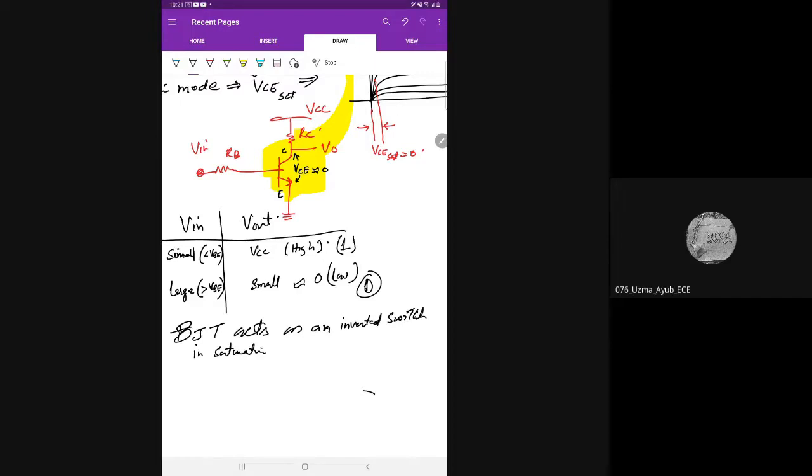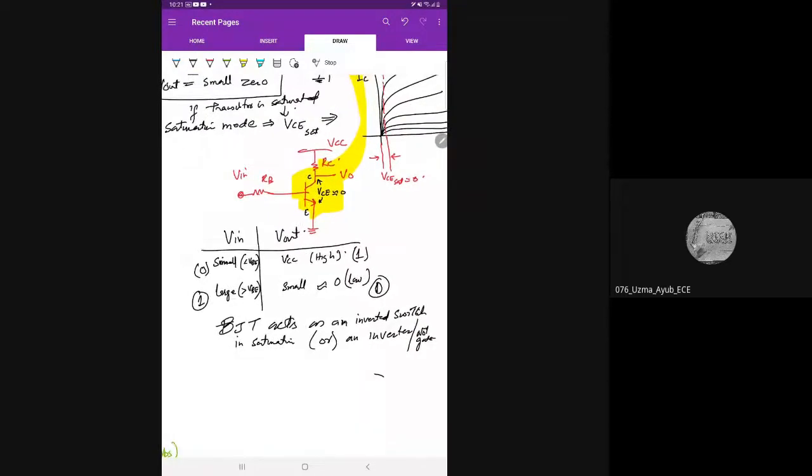Saturation में it acts as an inverted switch or an inverter, or NOT gate. तो क्योंकि हम इसको इनपुट में जब स्मॉल वोल्टेज देते हैं, लो वोल्टेज देते हैं, तो आपको आउटपुट में हाई मिलता है. अब इनपुट में हाई दे दो तो आउटपुट में लो दे देता है. That is the job of an inverter and a NOT gate. So BJT can work as an inverted switch.